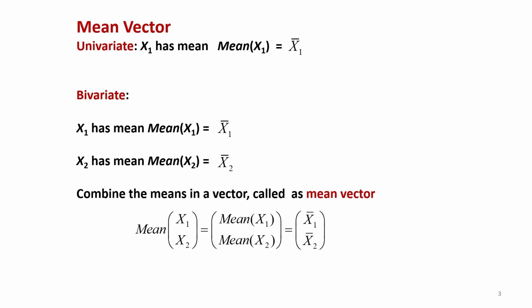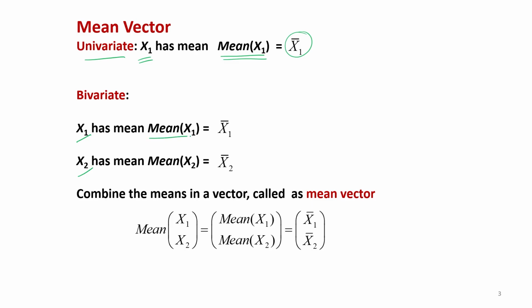So, suppose we talk about the mean vector. When you have only one variable, in the case of univariate analysis, you had only one mean, and we denoted the mean of x1 as x1 bar. And now, when you consider bivariate analysis, there will be two variables, say x1 and x2, and both of them will have their own means.